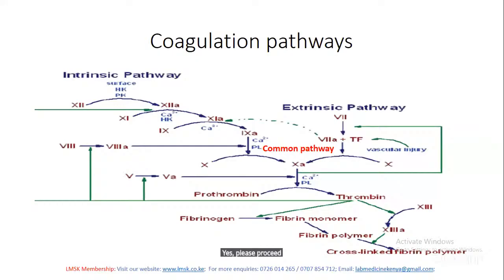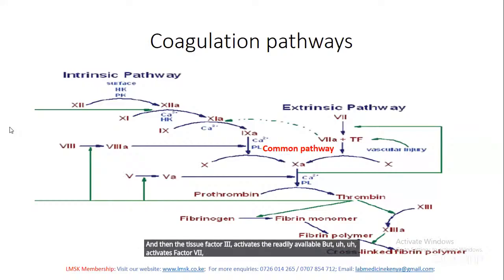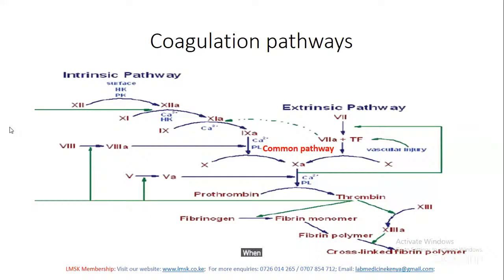So it begins by an injury to the blood vessel, and then activation of tissue factor 3. Tissue factor 3 activates the readily available factor 7 into activated factor 7. Then activated factor 7 activates factor 10 into activated factor 10.